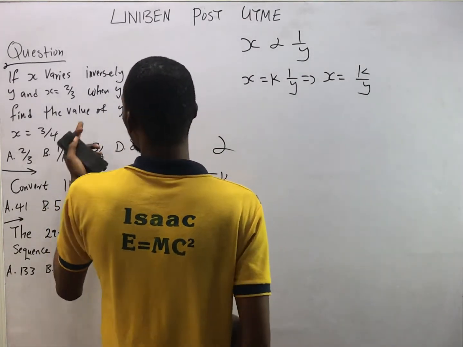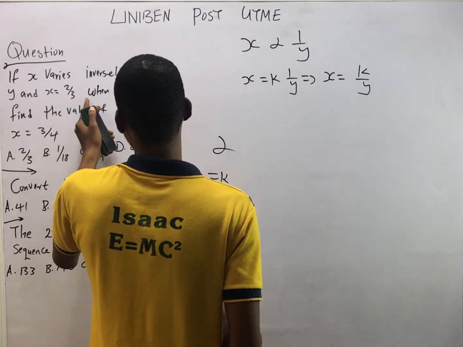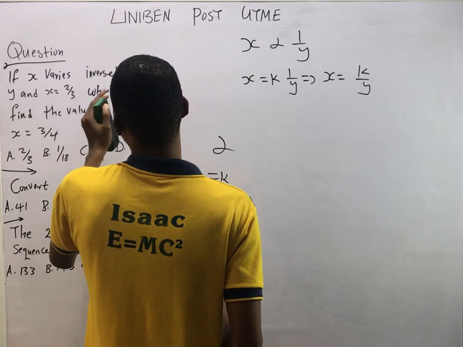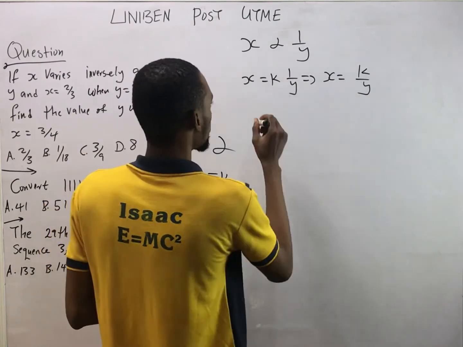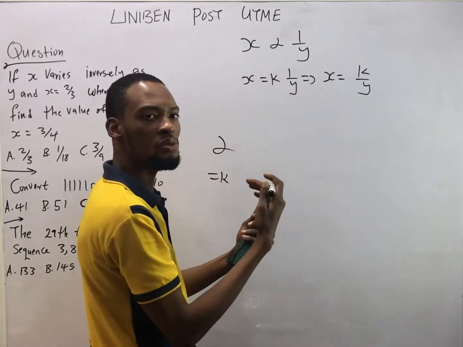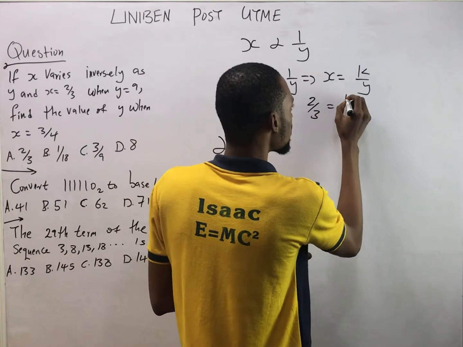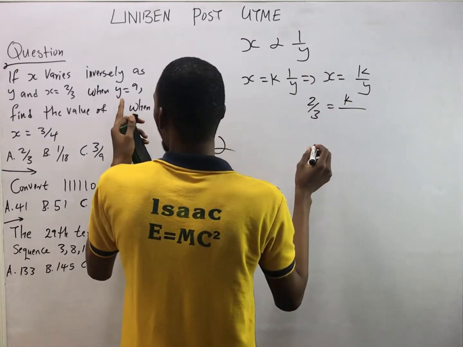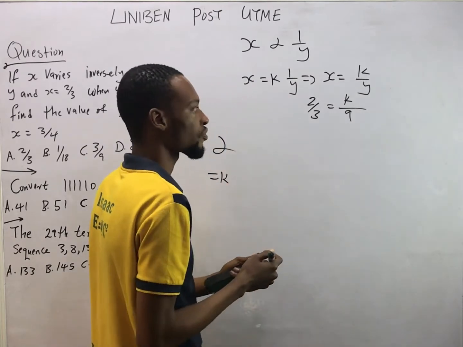Now, they said when S is equal to 2 over 3, Y is equal to 9. So instead of S, we substitute 2 over 3. So 2 over 3 equals K over Y, that's 9, K over 9.